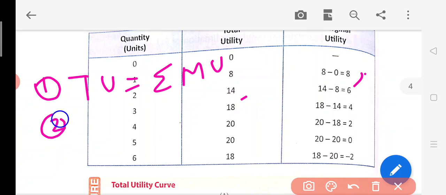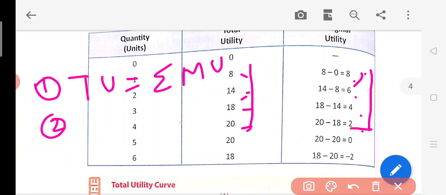The second relationship is until MU was positive here. You can see that's 8, 6, 4, 2. Here the marginal utility was positive. So till then, total utility was increasing from 8 to 14, then 18, then 20.